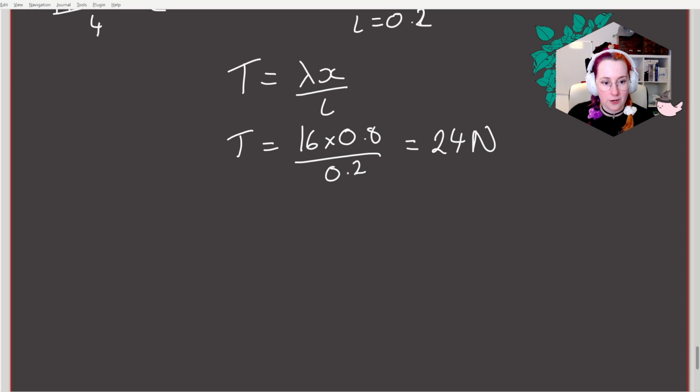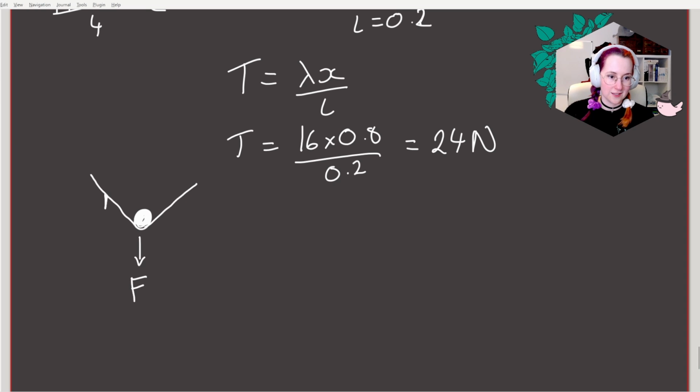So if I zoom in on the particle P, I have two bits of string coming off it, and the tension is being applied like this, because it's the tension within the string.